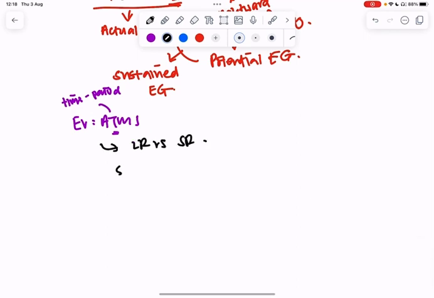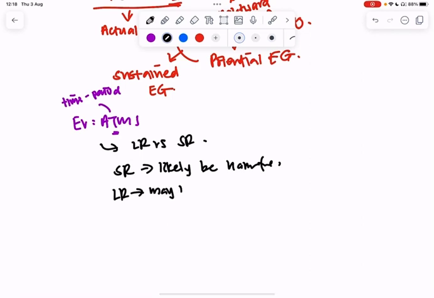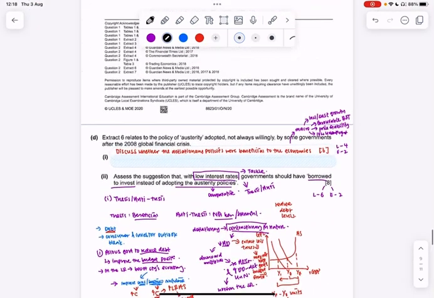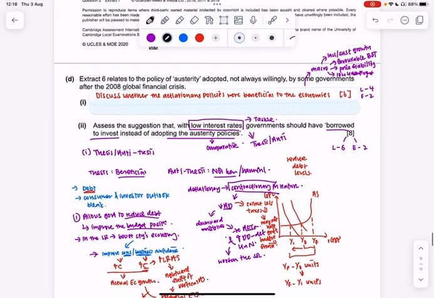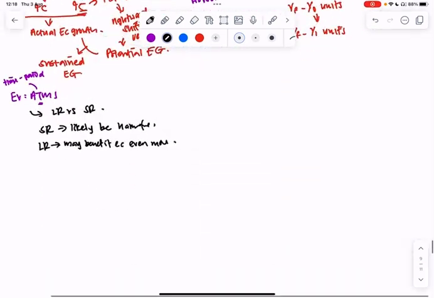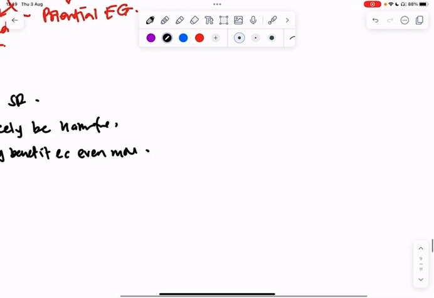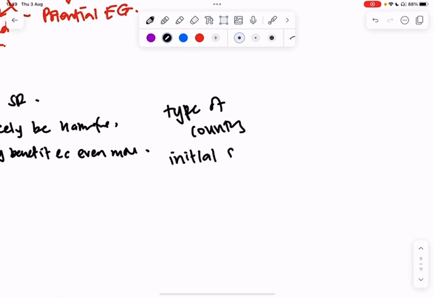We would say that in the short run, it would likely be harmful for the reasons we discussed. However, in the long run, such deflationary policies may benefit the economy even more. So we evaluate this, and then you could say whether or not the deflationary policies would help would depend largely on the type of country they are, the initial state of the economy, the initial debt levels, and so on and so forth.